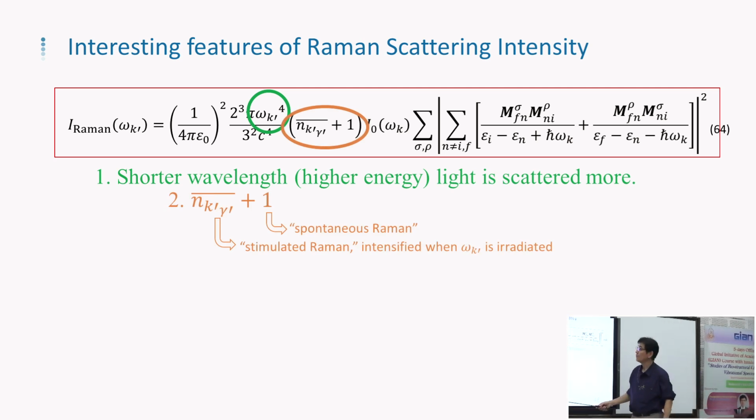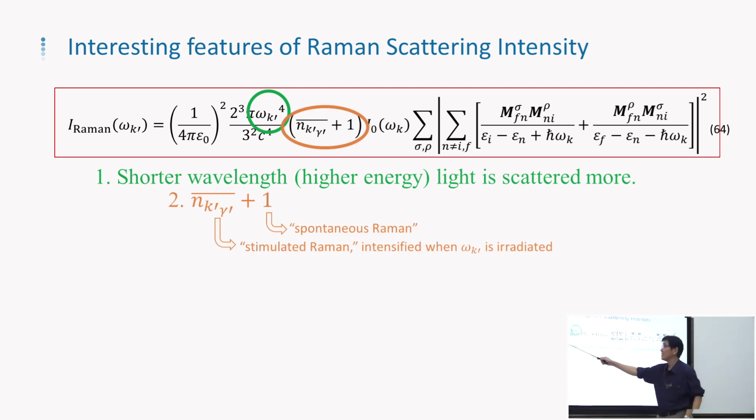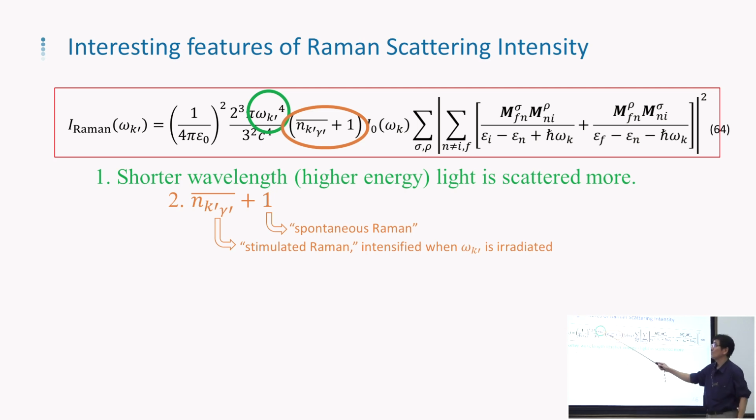Second point, Raman intensity is in proportion to n k prime gamma prime bar plus 1. What are they? Again, k prime gamma prime indicate the wave number vector and polarization of the scattered light.